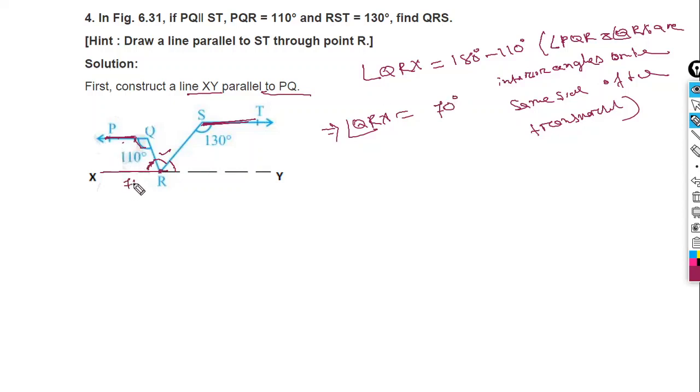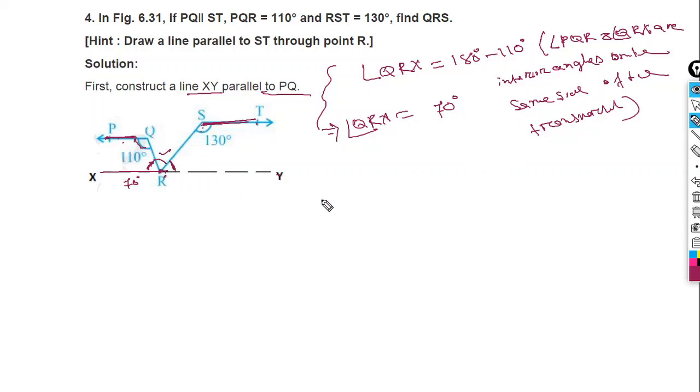Similarly, we will move to here. You can write angle TSR plus angle SRY equals 180 degrees.